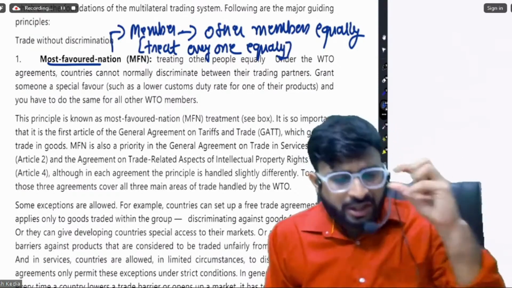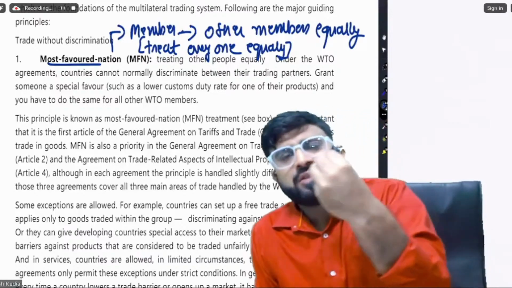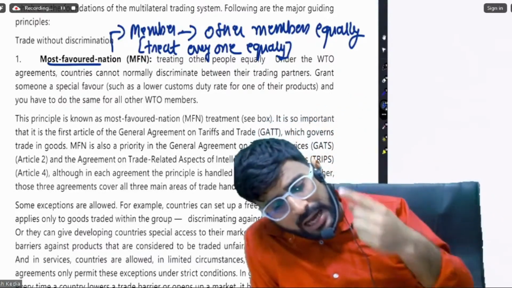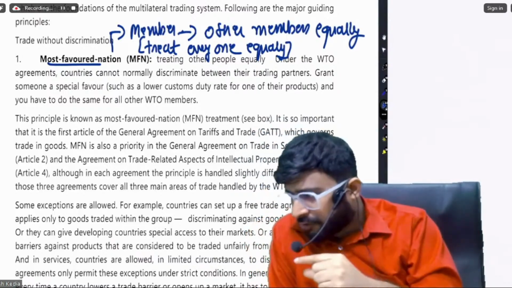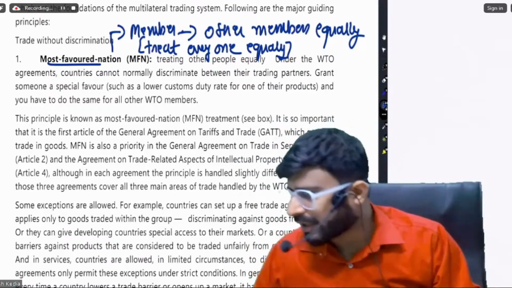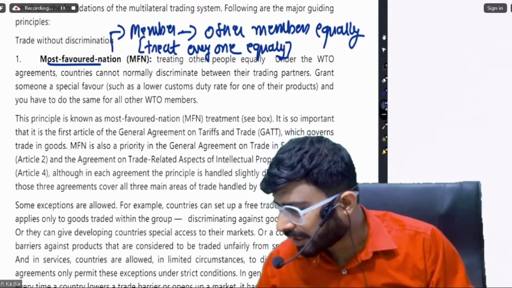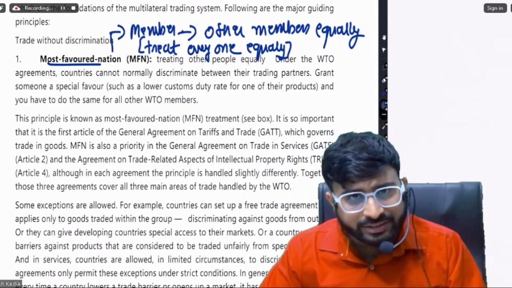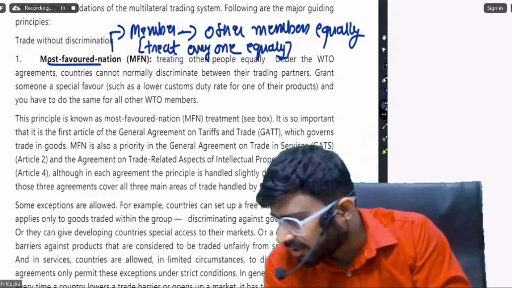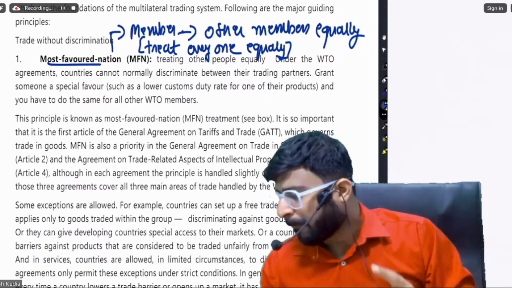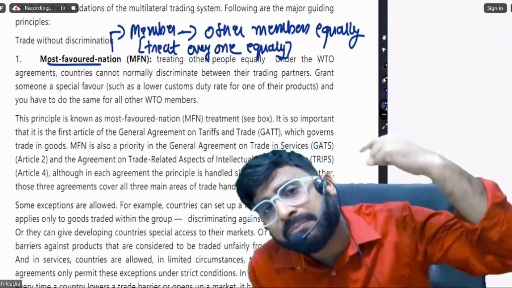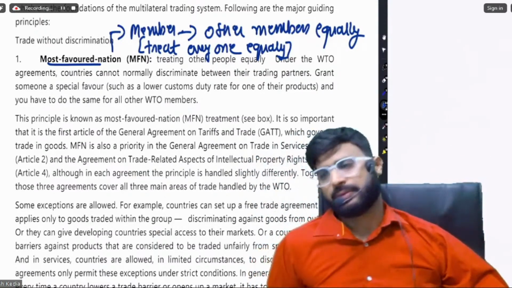So suppose India gives some favorable advantage to Bangladesh, and both are WTO members. Then whatever advantage India has bestowed on Bangladesh, India has to bestow the same advantages on other member countries as well.